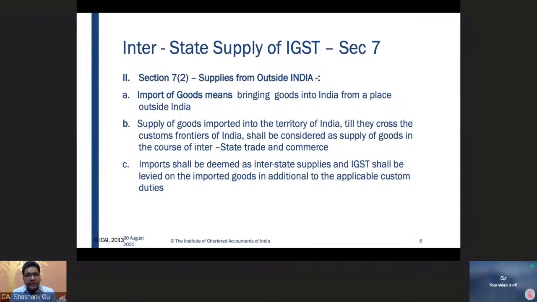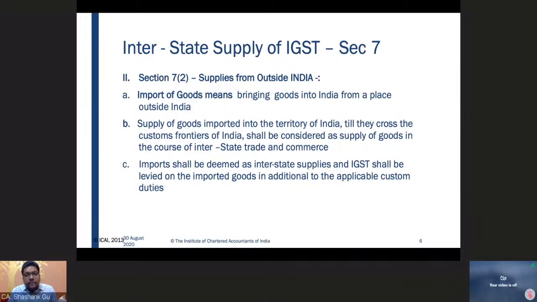What happens by this? As soon as this is available in India for 100 rupees, the Indian manufactured one is also available for 100 rupees. That means the domestic industry's interest is safeguarded and a level playing field is created. Hence customs duty plays a very important role in the protection of the domestic industry.